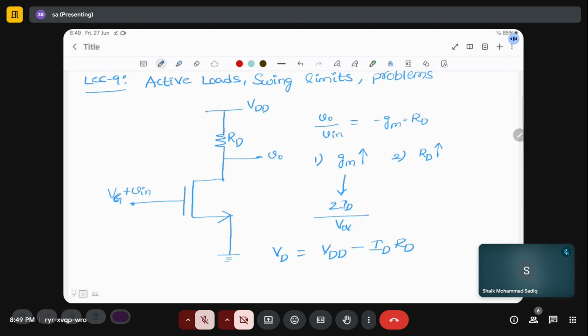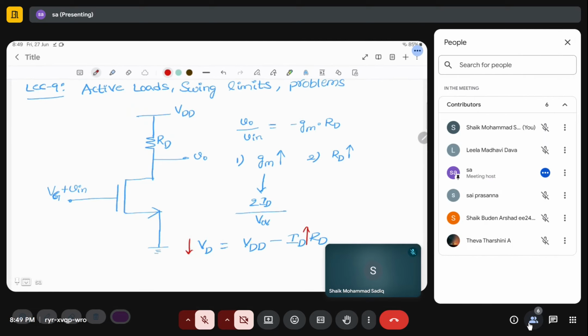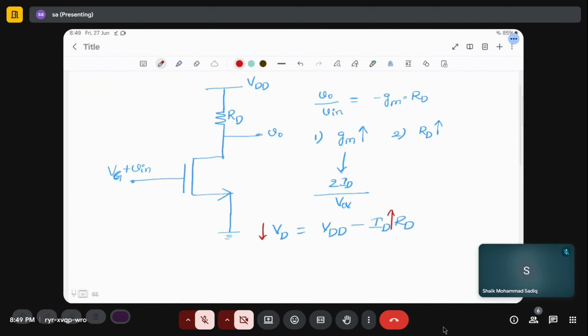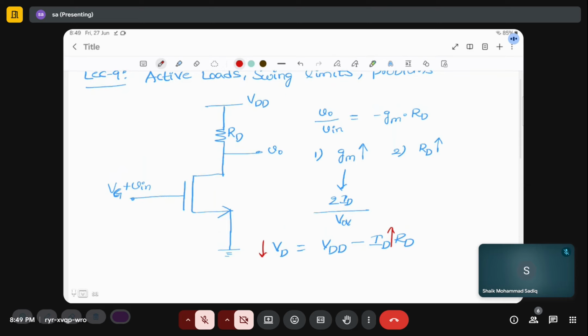So if ID increases, VD becomes low. If this goes up, this comes down. So does VD have a limitation on it going below? If so, what is the limit?